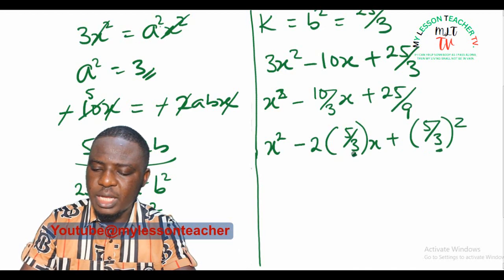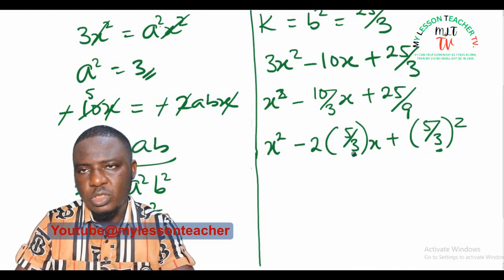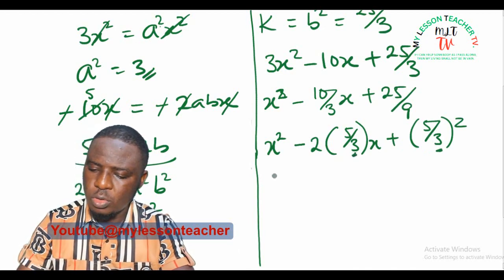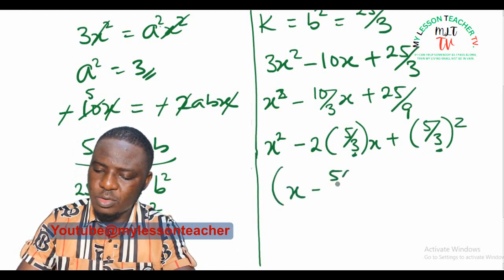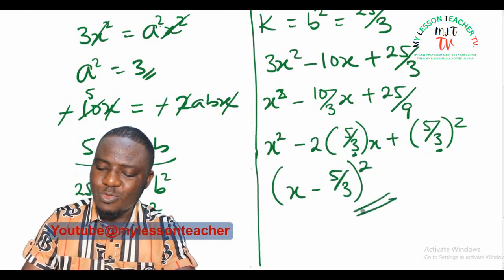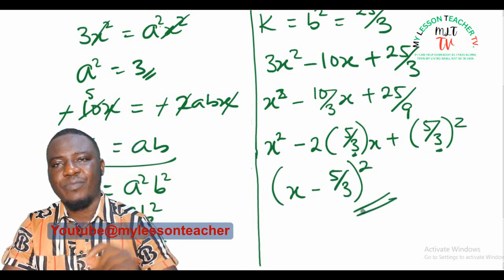Once the two terms in the bracket are wrong, it means your answer will definitely be wrong. So this becomes x minus 5 over 3 all squared. So that is your answer.